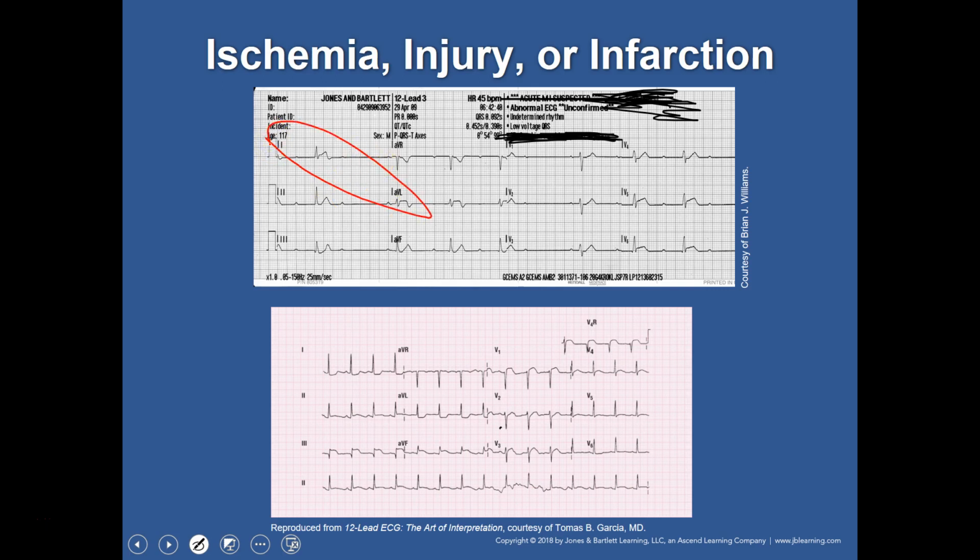So these go together, these go together, these go together, these go together, and these go together. So you can also do that.